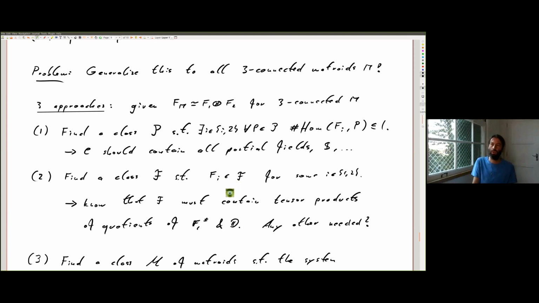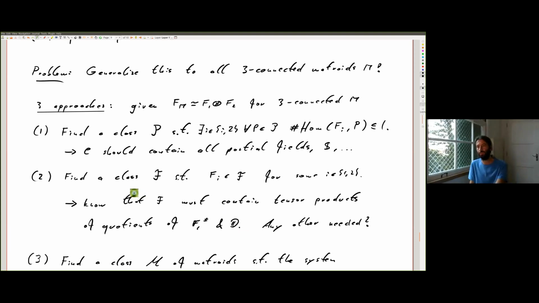We know from Nathan's examples and other considerations that this class must contain all quotients of F1 plus minus, and the dyadic partial field and its quotients. It's not clear at all if we need to include other foundations in this list, if there is any non-trivial statement like this, so if we have some proper class of pastures that satisfies the statement.